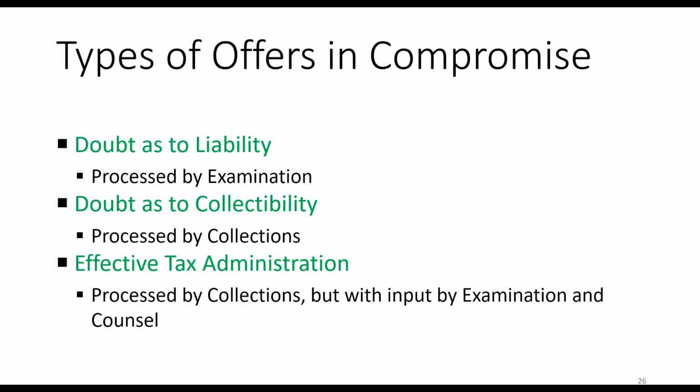And then there are also ETA offers, which are also filed on the same 656 form as the doubt as to collectability, but you check the ETA box. And these are processed by collection, but with input by exam and by IRS legal counsel. Effective tax administration offers are saying, I've got the money to pay the tax debt, but because of my special circumstances, you shouldn't make me pay it.